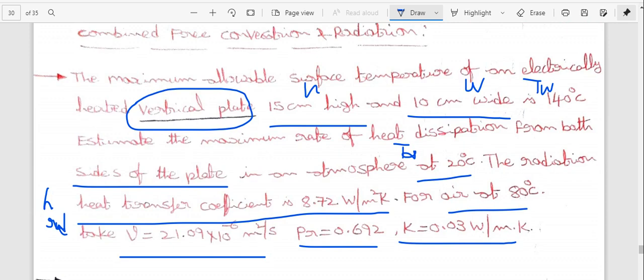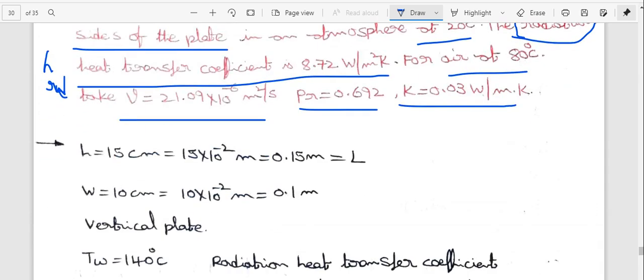How can you calculate this question? The maximum allowable surface temperature of an electrically heated plate. This is natural convection, and after that the radiation heat transfer coefficient. The radiation concept is also mentioned in this question. First of all we need to write all the givens, whatever is given in the question.